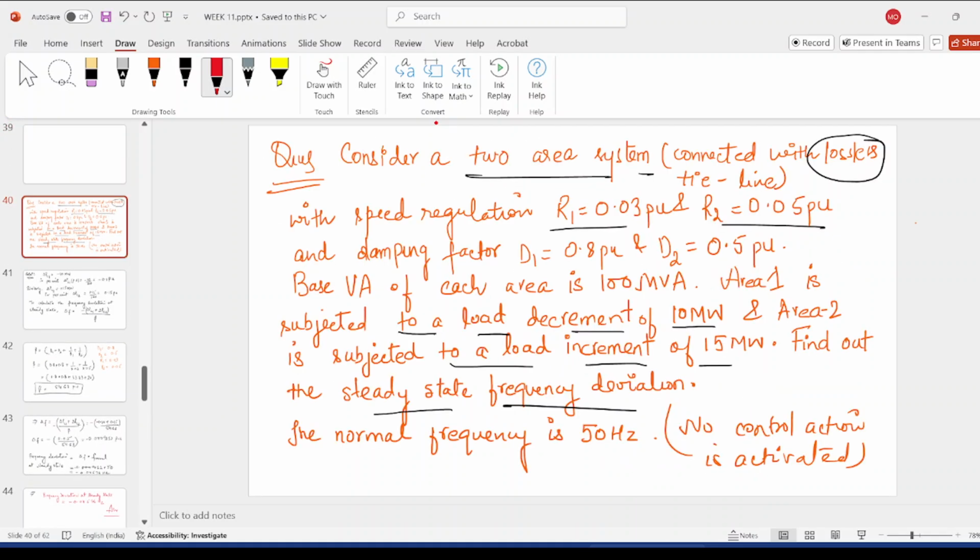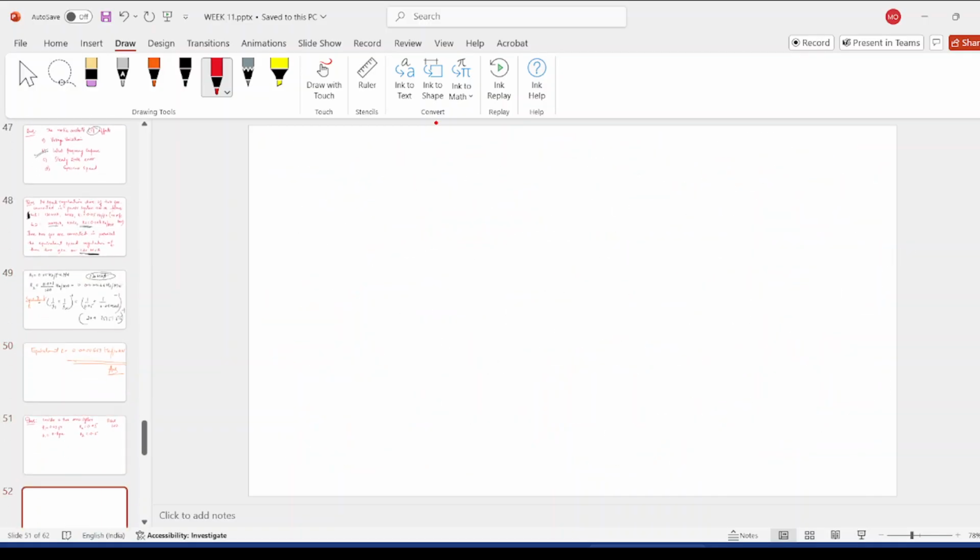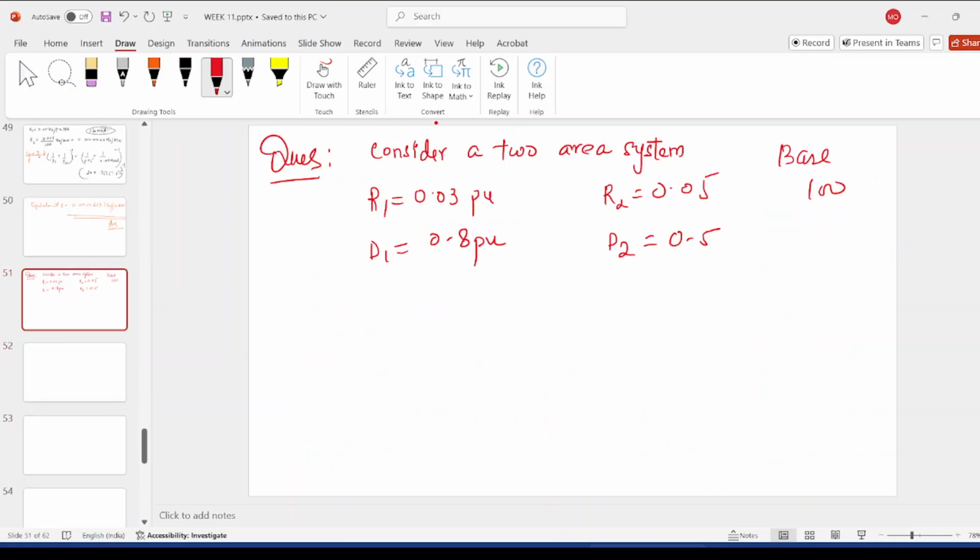This is the same question, but in that question we calculated the per unit frequency deviation. Here what we have to find in this question is the steady state power flow.